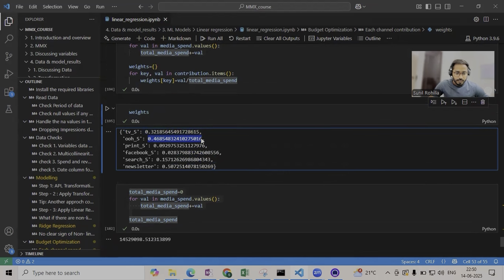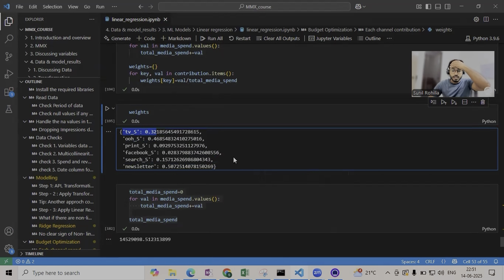Let's say on a scale of one, the effective contribution that I'm getting here is 0.321 for TV, 0.46 for OOH, and this is 0 only, 0.1 and 0.5, right? So how can I interpret this? Newsletter is giving me 0.5 as the weight, right? And OOH is the second best channel for me, and this is the third best channel for me, and similarly for others.